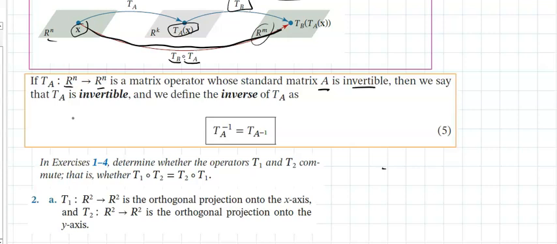Then we say that the transformation T sub A is invertible as well, and if you want to take the inverse of the transformation, that's simply the transformation of the inverse matrix. Remember, these are matrices, so the outcome of those is a matrix.